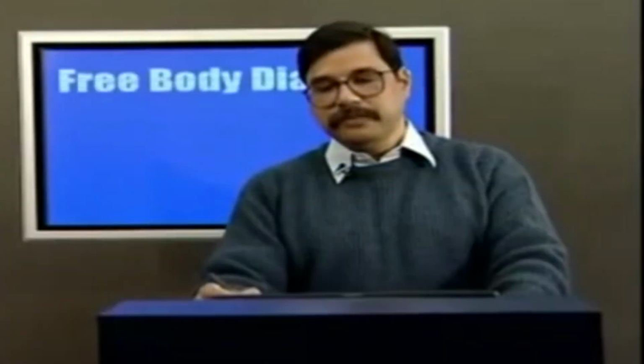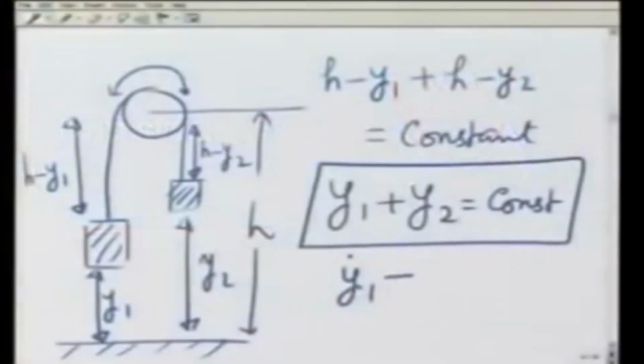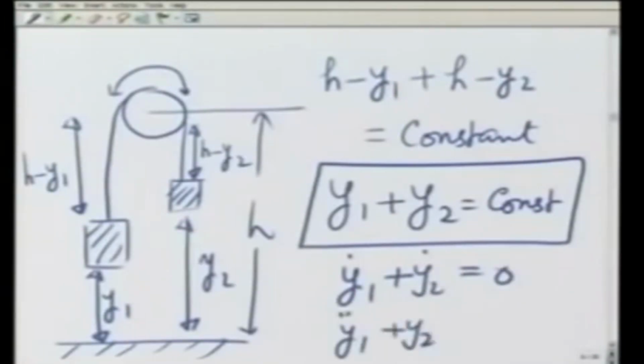To bring it to usable form in the equations of motion, I differentiate it and get y1 dot plus y2 dot equals 0, and also y1 double dot plus y2 double dot is equal to 0. So let us write the equations once more. Again, I am solving this problem of two masses attached to a string which is passing over a fixed pulley.